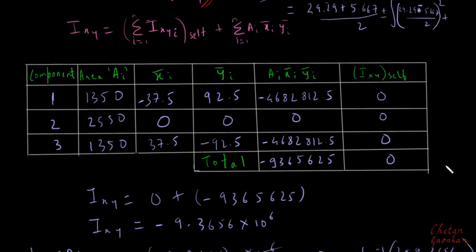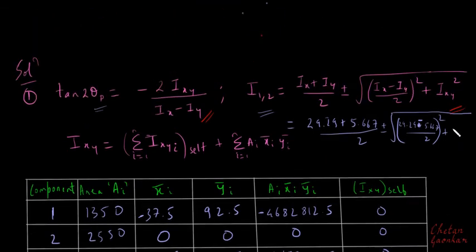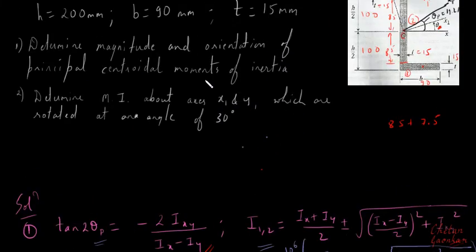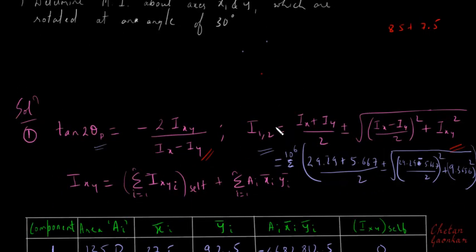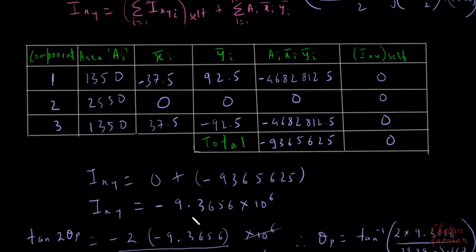We have got the value of Ixy as minus 9.3656, so minus 9.3656 whole square, and this entire expression we need to multiply by 10 to the power 6, because Ix and Iy are multiplied by 10 to the power 6, and also Ixy is 9.365 multiplied by 10 to the power 6.